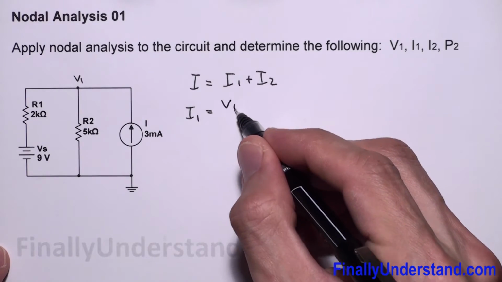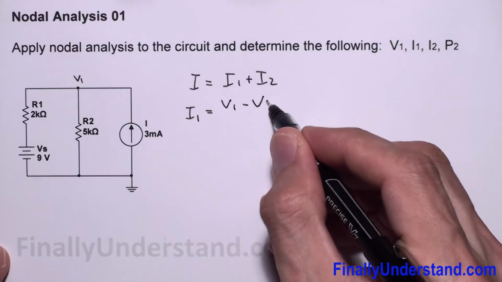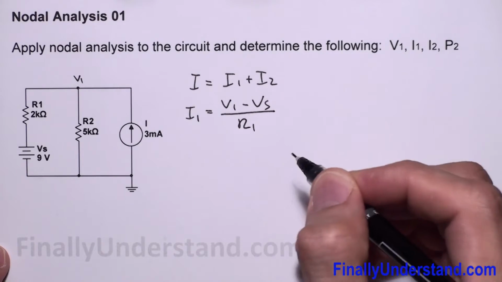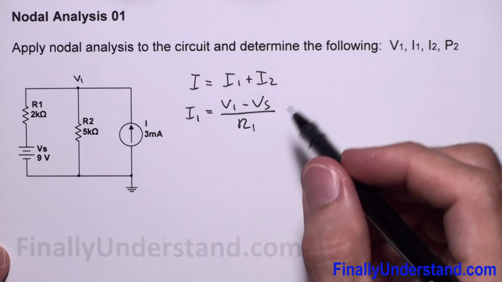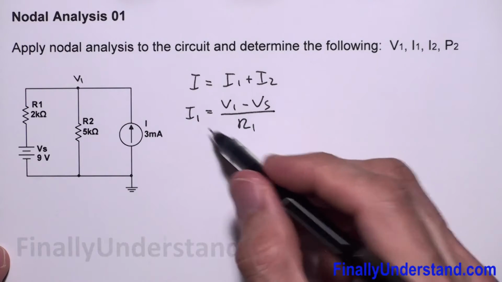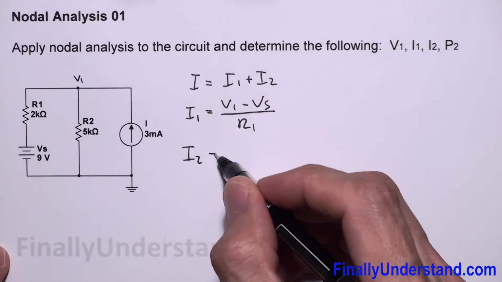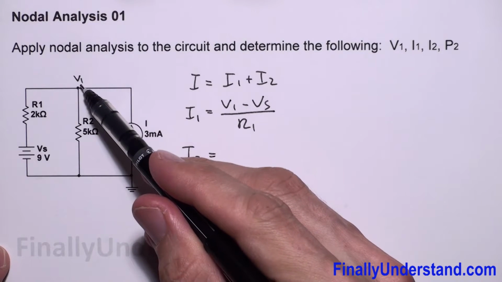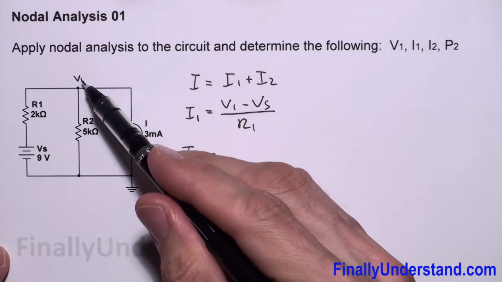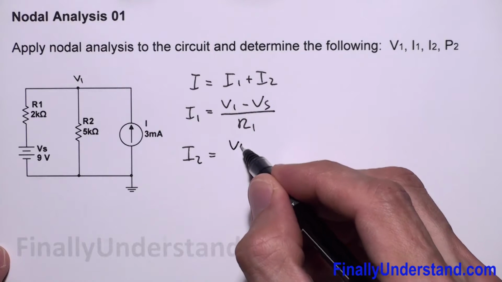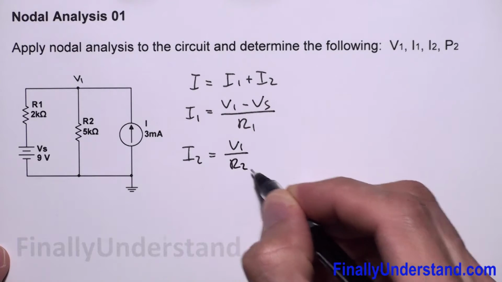So this is V1 minus voltage source over R1. This is my formula for I1. Next, I'm supposed to find the formula for I2. I2 is nothing else, just the voltage between these two points, which is just V1, divided by R2. So V1 divided by R2.